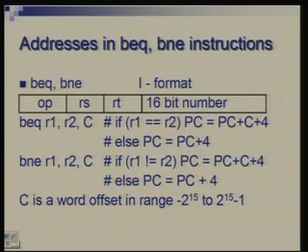Later on we are going to see processors where instructions could also be of varying size, but here we have simplicity that all instructions are 4 bytes or 1 word. Therefore, the instructions are always located at aligned boundaries. The instruction addresses are always multiples of 4, and that fact is made use of.